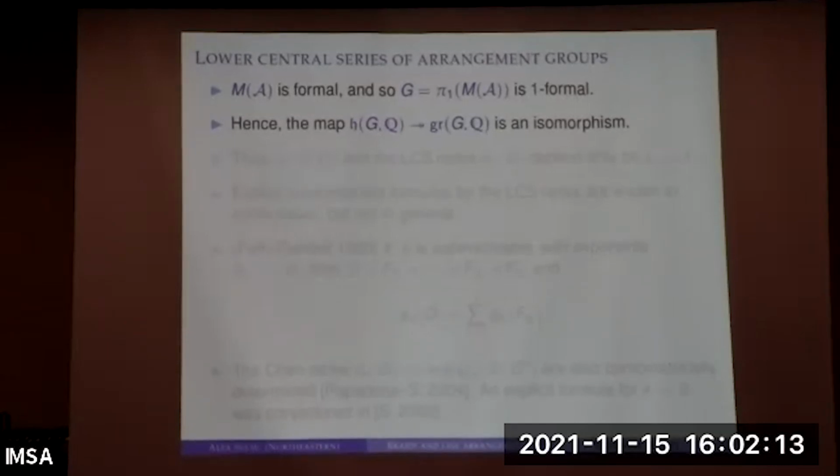So, arrangement groups are formal. That basically goes back to Briscoe. Although Briscoe didn't know the notion of formality, it was not formally defined. It was only 77 by Sullivan, but basically showed that the cohomology ring splits back into the RAM algebra, which is a very strong form of formality, which for the Braid arrangement that was done by Arnaud.